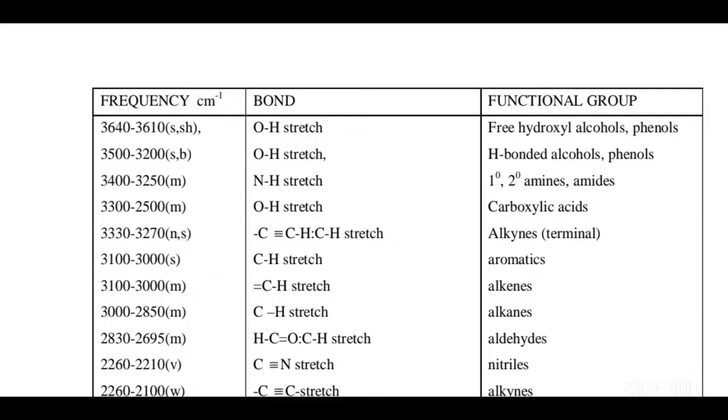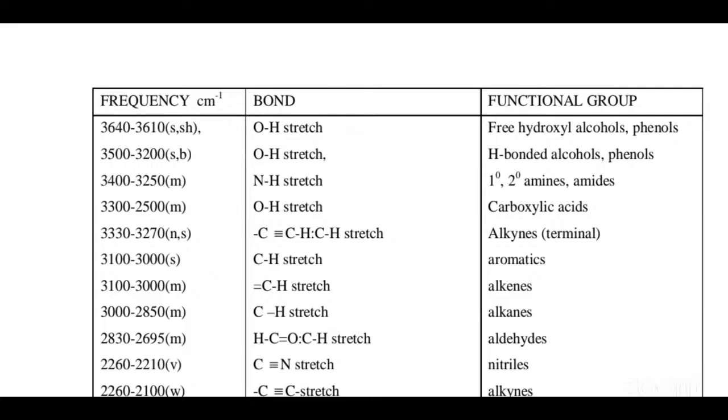The OH stretching frequency when hydrogen bonded in alcohols and phenols is 3500 to 3200. That means when the OH group is involved in hydrogen bonding, the stretching frequency decreases, right? Free OH has a higher stretching frequency value, 3640 to 3610, and hydrogen-bonded OH is 3500 to 3200.